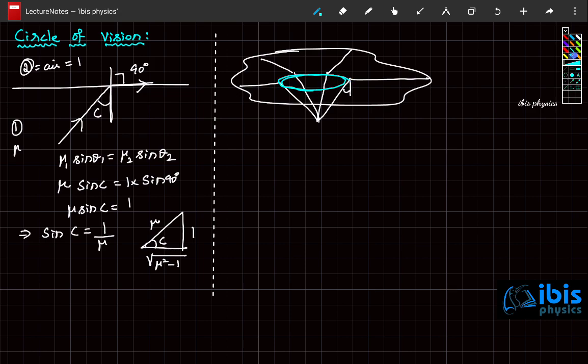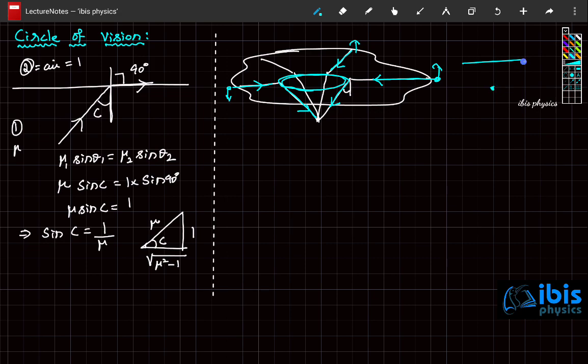If the sun rises here, for the fish the light will travel along the boundary and reach the fish over here. When the sun sets here, the light travels along this boundary and reaches the fish here. If anyone is coming out of the water surface, the light will travel along this line and reach the fish.